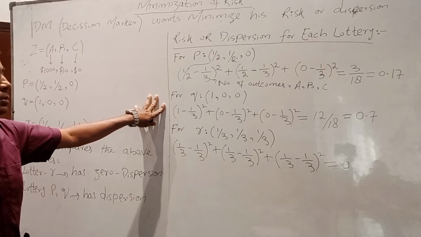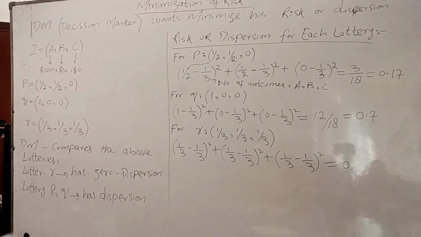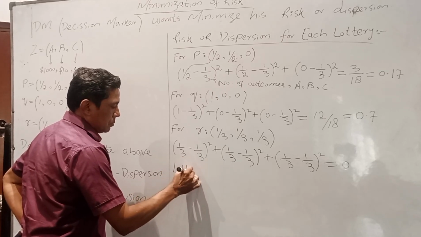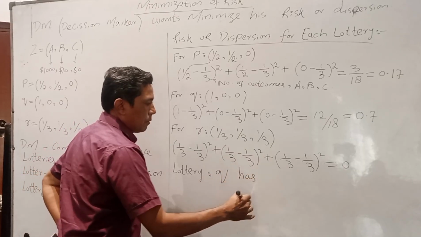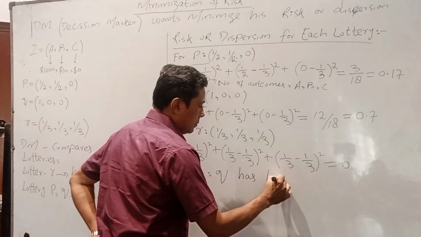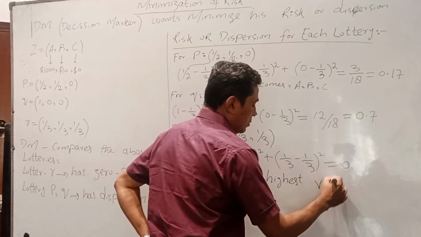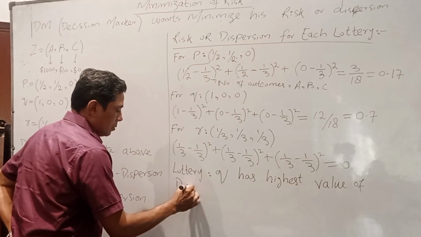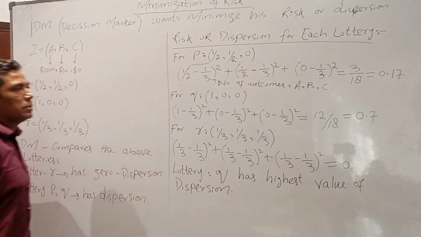So there is the highest value of risk in case of lottery Q. Lottery Q has the highest value of dispersion.